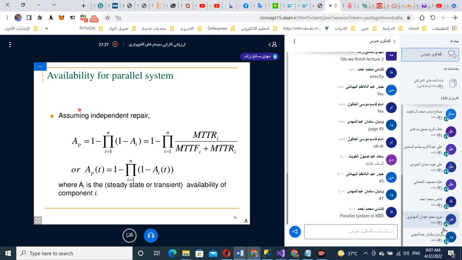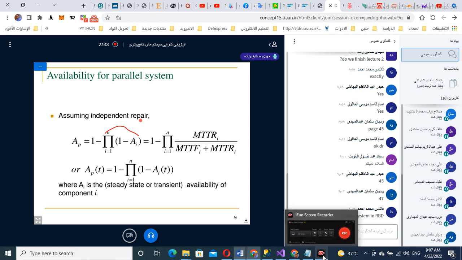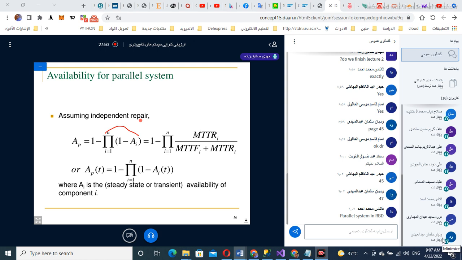This means the parallel system is available if at least one component is available. Here a component not available has unavailability equal to the mean time to repair of component i divided by the mean time to failure of component i plus the mean time to repair of component i, because during repair the component is not available.